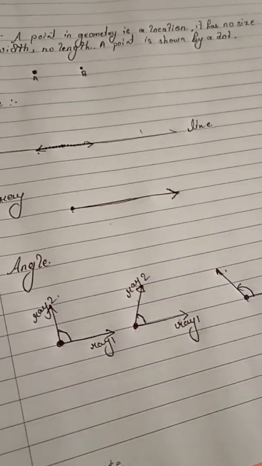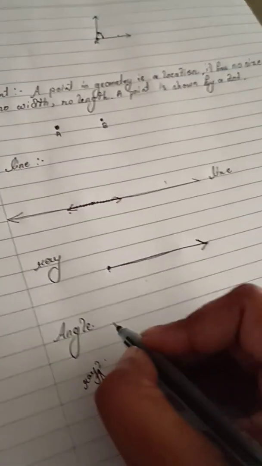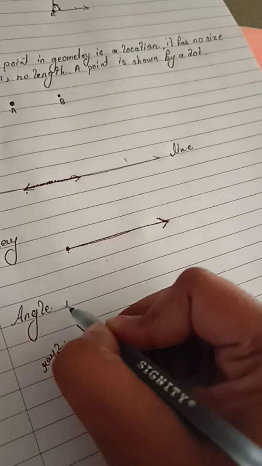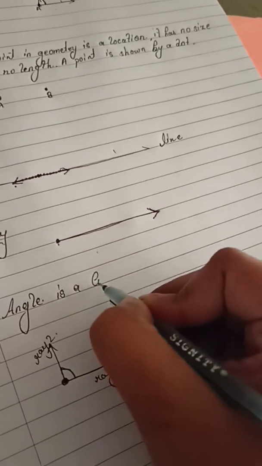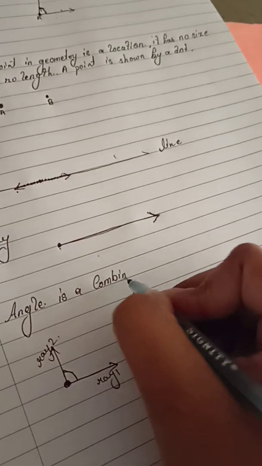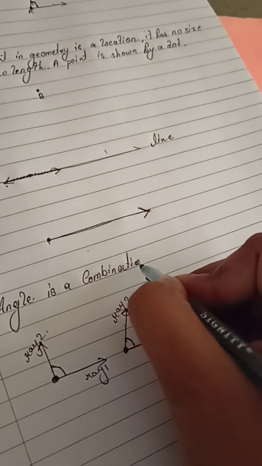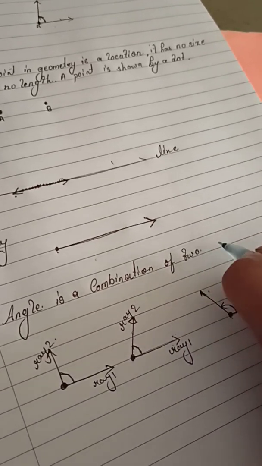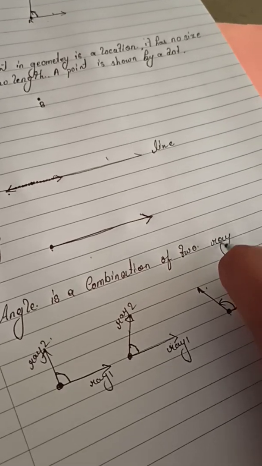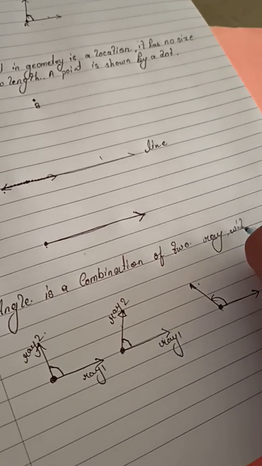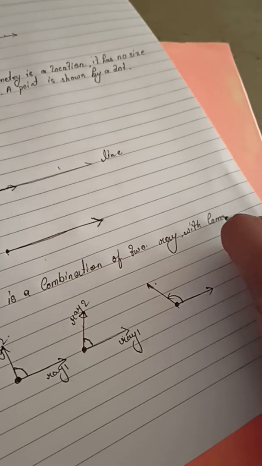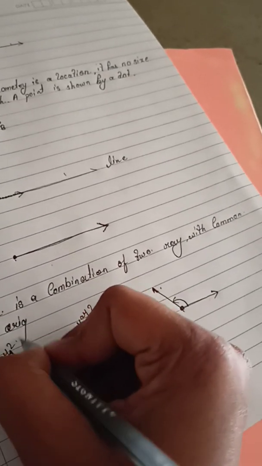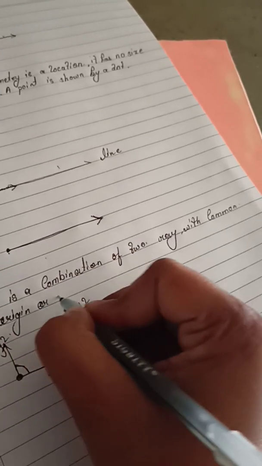Got it? So you can write: an angle is a combination of two rays with a common origin or starting point.